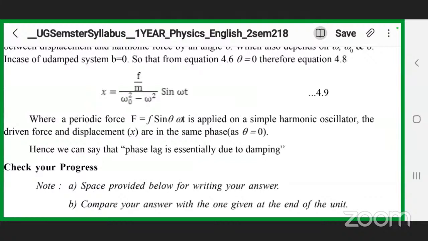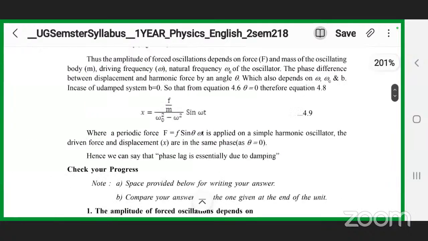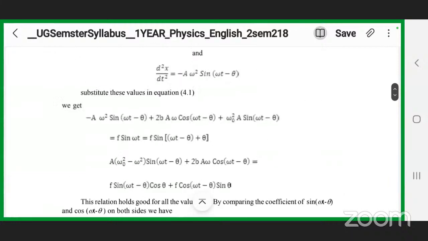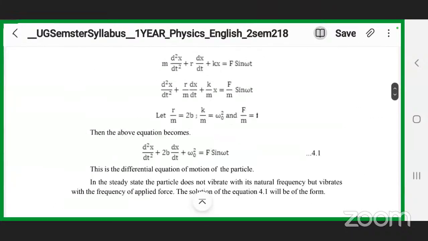So the phase lag is essentially due to damping. Why is it damping? Because there is a phase which lags the displacement of the oscillator x. That's it. So this is about the entire essay question. Up to here, this is for the 10 marks essay question.